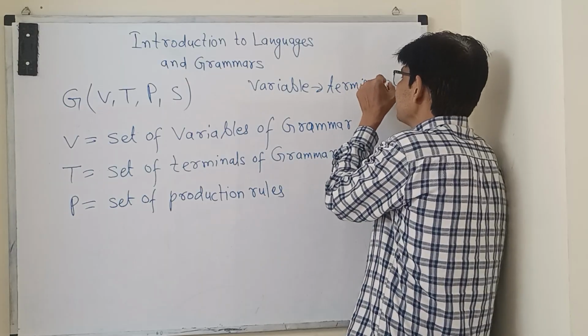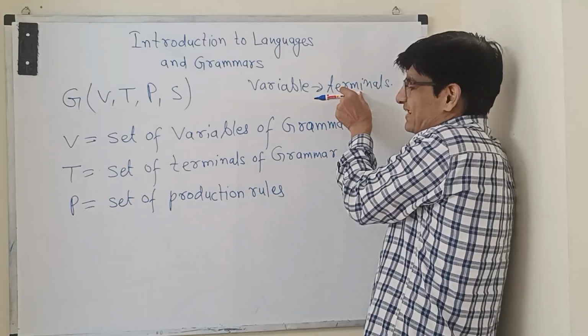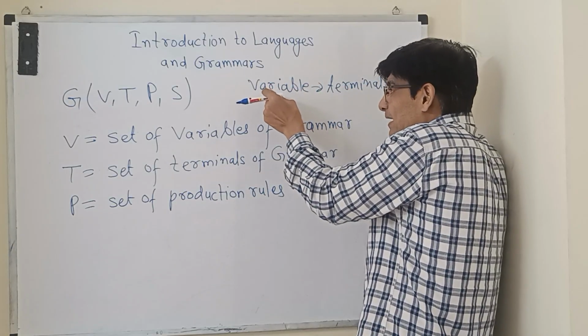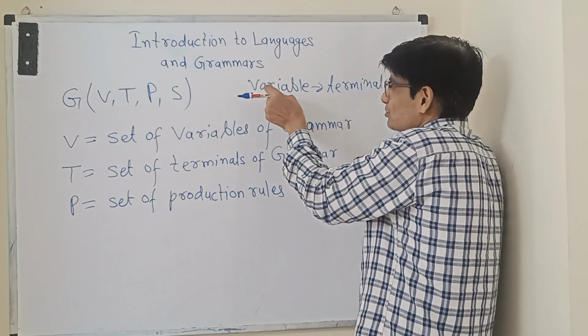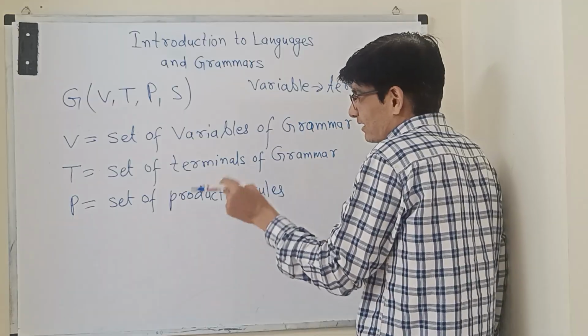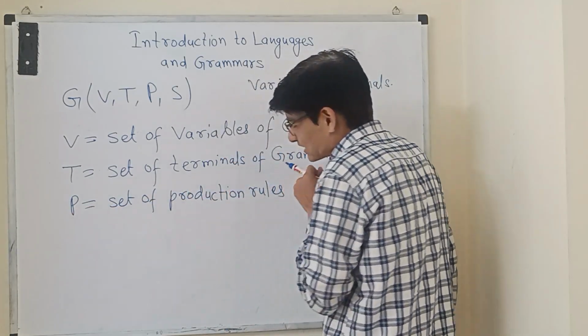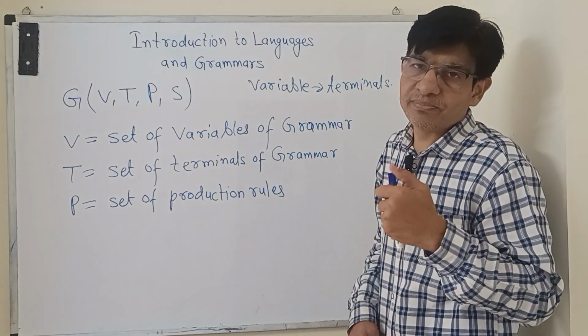This is nothing but a production rule: this variable will be replaced by this terminal. P is a set of such production rules. A single variable can be replaced by multiple terminals.